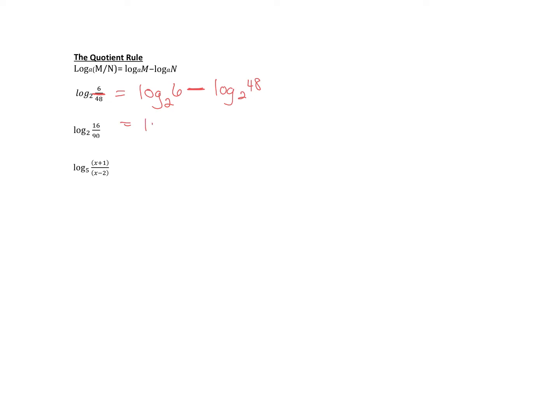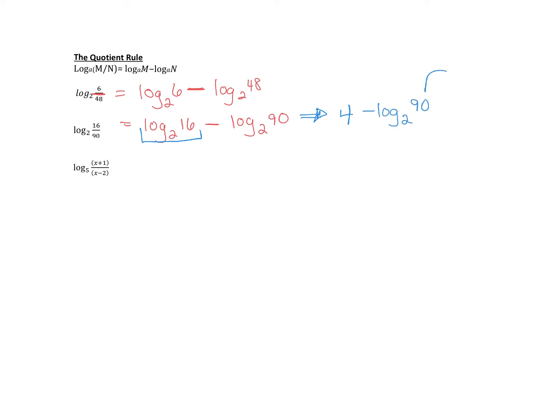For the next one, we have log base 2 of 16 minus log base 2 of 90. And again, on this one, we happen to know that 16 is a power of 2, so we could simplify that as 4 minus log base 2 of 90.